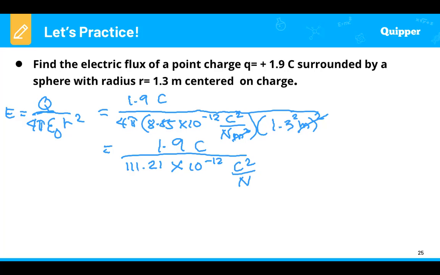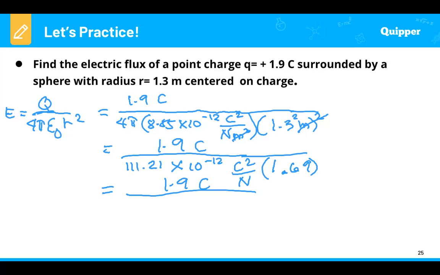And then, hindi pa siya na-multiply doon sa isa, which is 1.69. Okay? Next, 1.9 C all over. Ayan, multiply ko siya sa 1.69 natin.